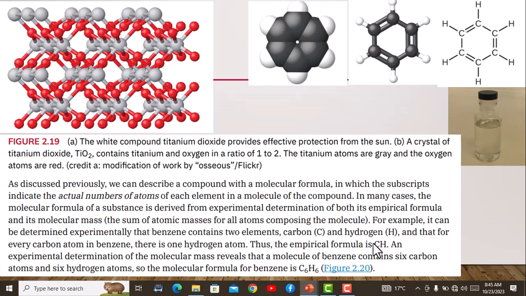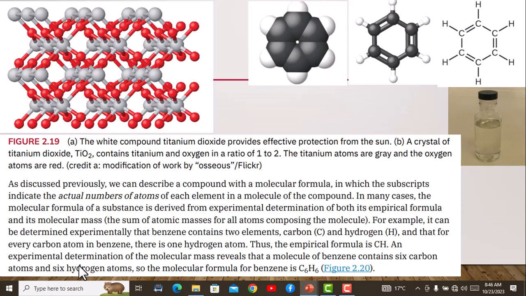Remember, they said experimentally that benzene contains 2 elements, carbon and hydrogen, and that for every carbon atom in benzene there's 1 hydrogen atom. So the ratio is 1:1. Therefore the empirical formula will be CH. So for 1 carbon atom you need 1 hydrogen atom.